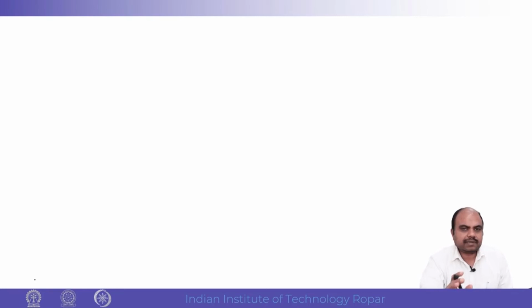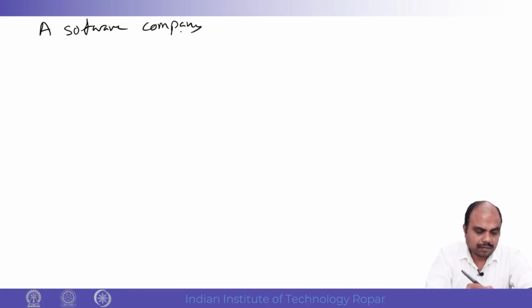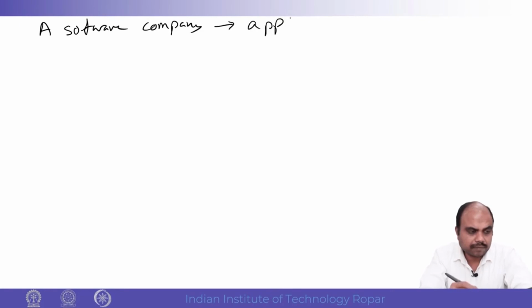So now let us take an example of the application of the fishbone diagram. Take for example a software company. They made an app, and this app was running well for some time, but then usage really reduced.